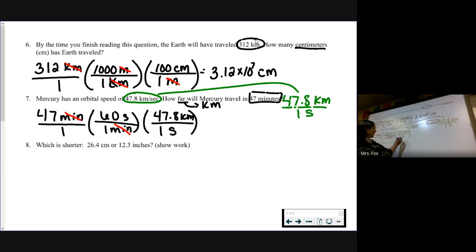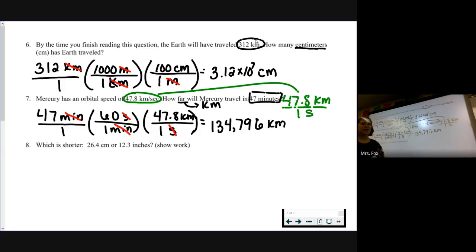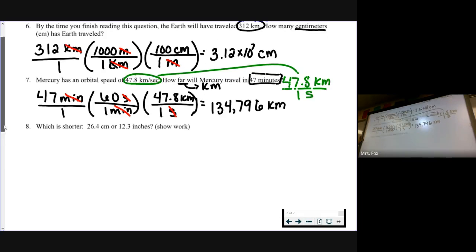My seconds cancel. So now I simply multiply across the top. And I can see that after 47 minutes, Mercury will have traveled 134,796 kilometers. This is definitely more of a challenge question, so don't super freak out.